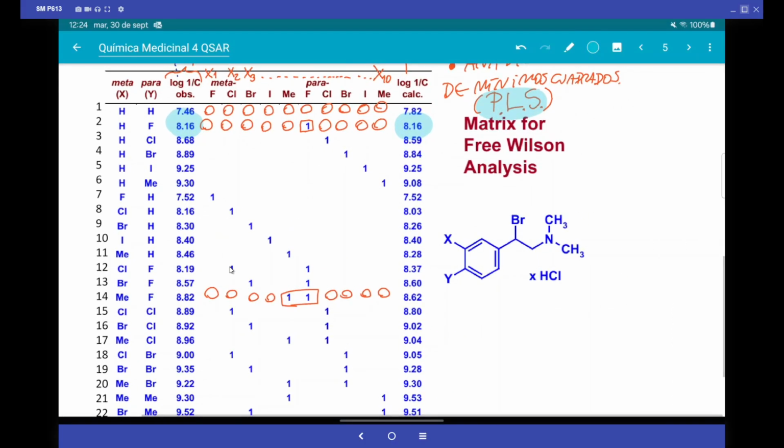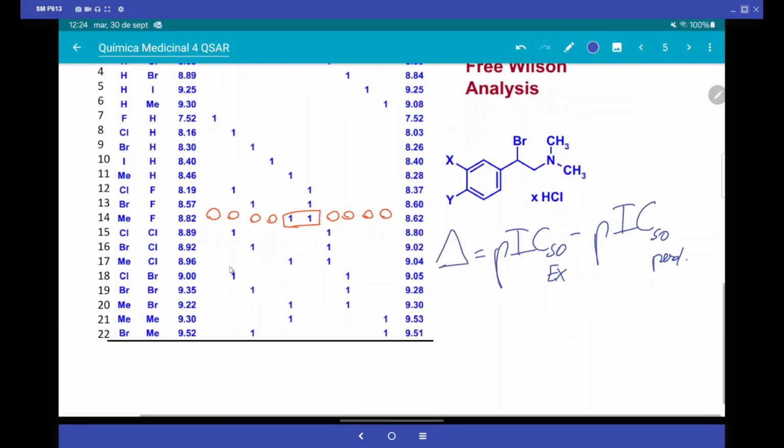It turns out that a good prediction is the one that has a delta, pIC50 experimental minus pIC50 predicted, that is, within minus 3 times the standard deviation of the proposed model.